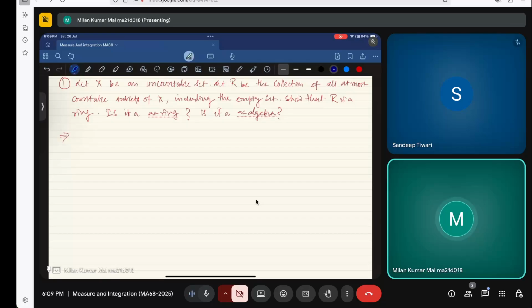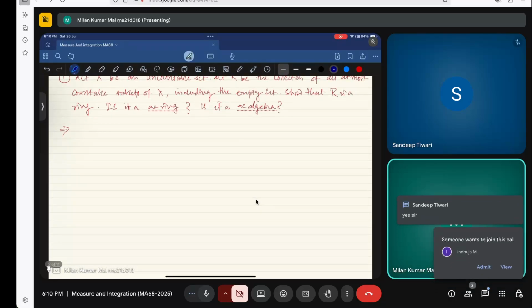It is called a sigma ring if it is closed under countable union, and it is called a sigma algebra if the full set X is there. So let me write that.